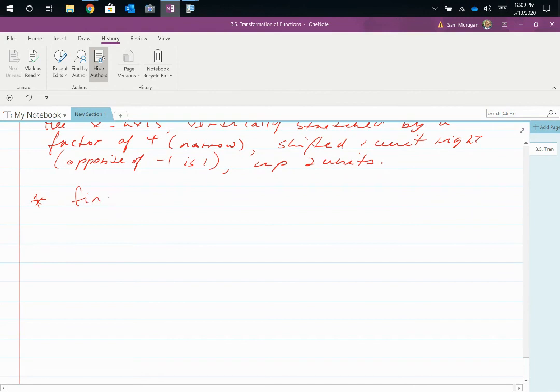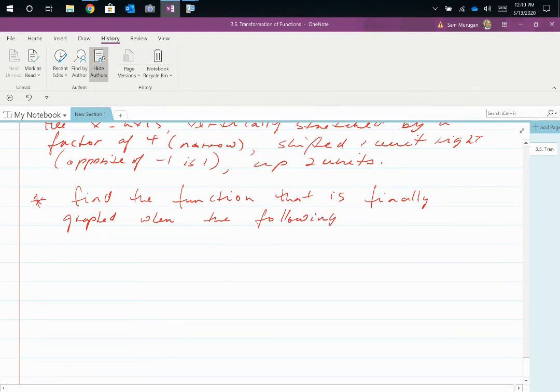Find the function that is finally graphed when the following transformations are applied.